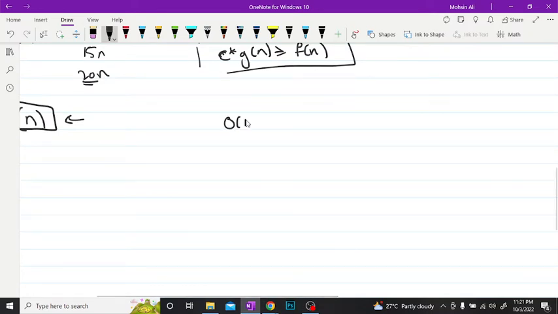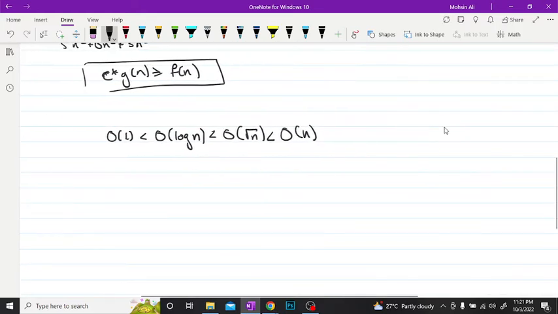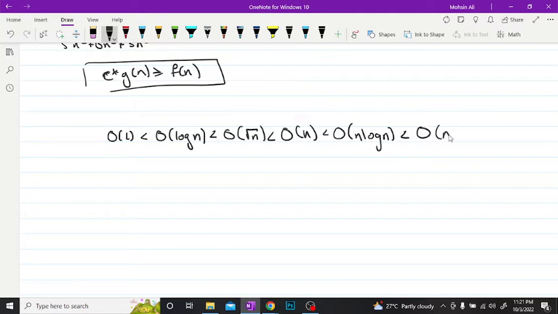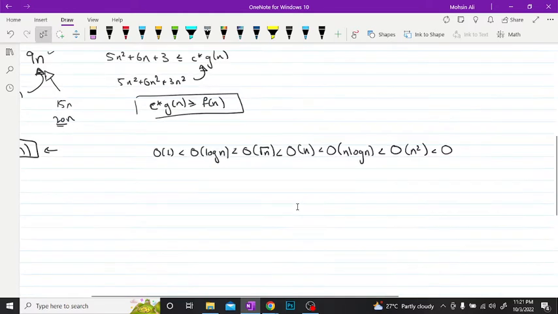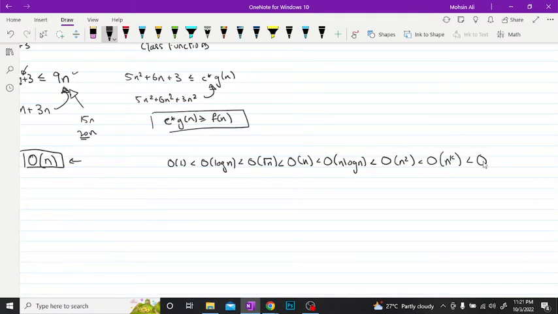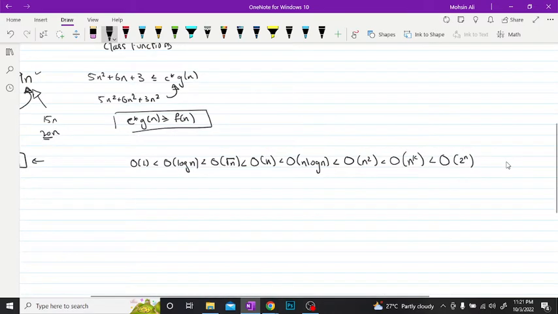We have O of 1, which is always lesser than O of log of n, O of root n, then O of n, then O of n log n, then O of n squared, then O of n to the power k, then O of 2 to the n, then O of n to the power n, and then O of 2 to the power 2n.